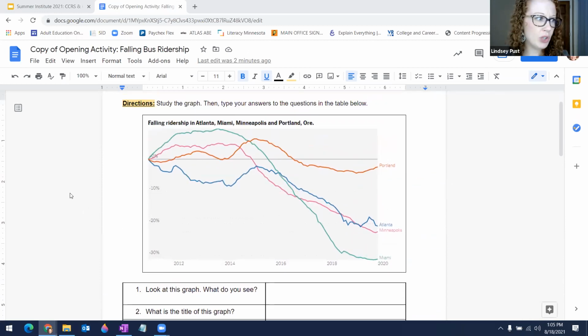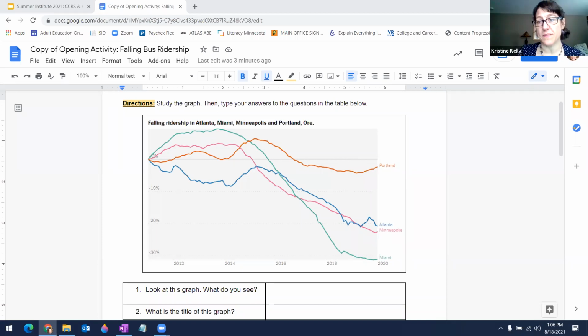If you are having trouble, some people are getting in, some people are not. For sake of time, we are not going to be using these questions throughout the session. So if you don't get to answer these specific questions, that is okay. They were created in effort to digest and understand what this graphic is. So if you cannot get in, if you want to just stay on Zoom and look at my screen at the graphic that I have up, that is okay as well. And yes, I will post this link again.